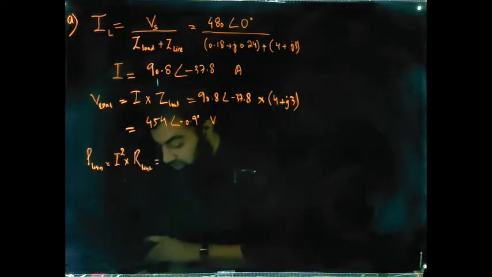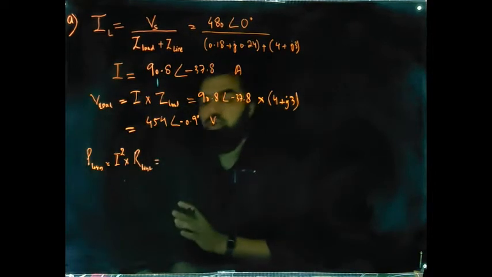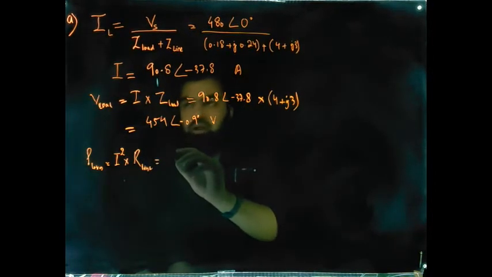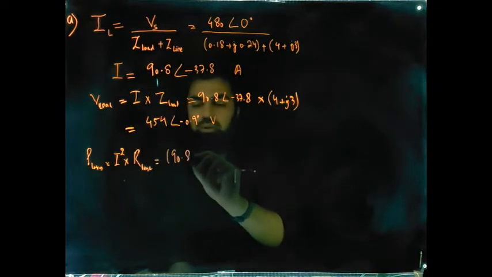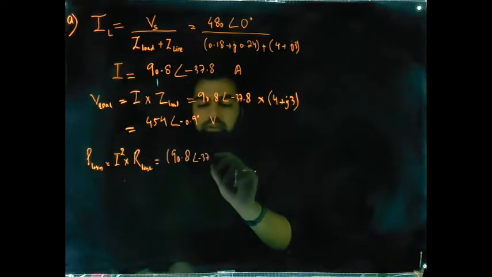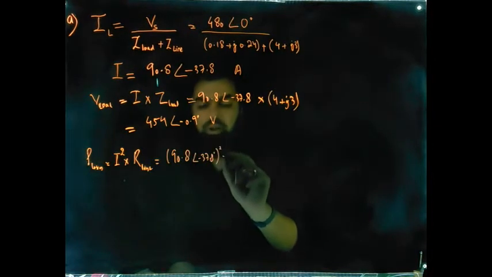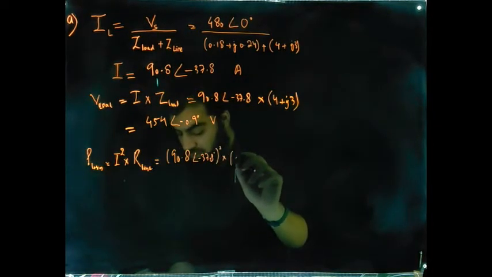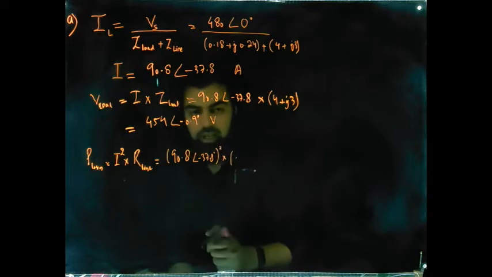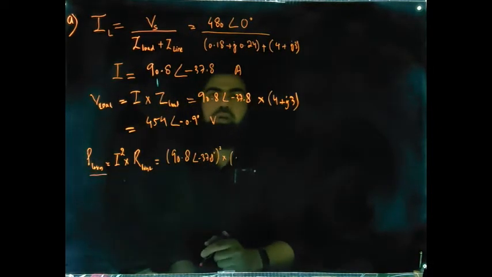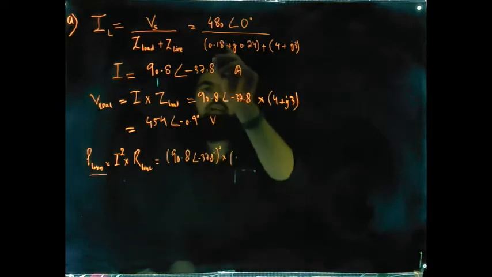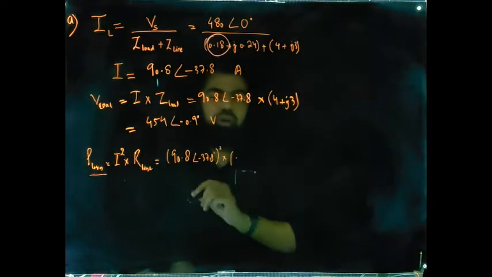We are calculating losses in the transmission line only. Fine. So I square is 90.8 angle minus 37.8 degrees squared, into R of the line. These are simple I square R losses. We are calculating active power in the circuit. So what is R of the line? Resistance of this line is 0.18 ohms.